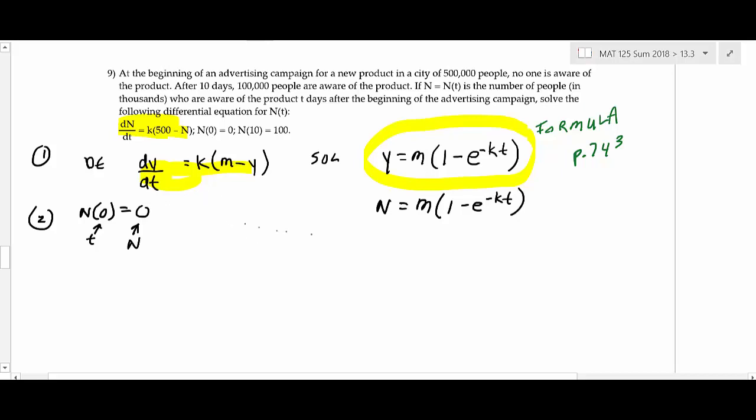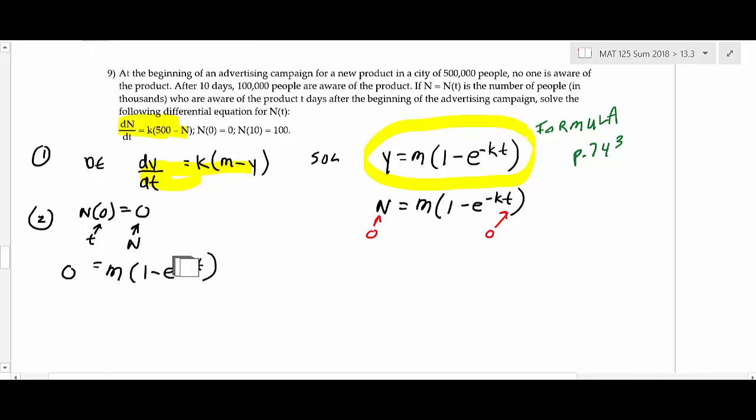So what I'm going to do is replace where I see a t, I'm going to put in 0, and where I see an n, I'm also going to put in 0, so I'm going to use that to find m. Okay, so I have 0 equals m times 1 minus e to the negative kt.